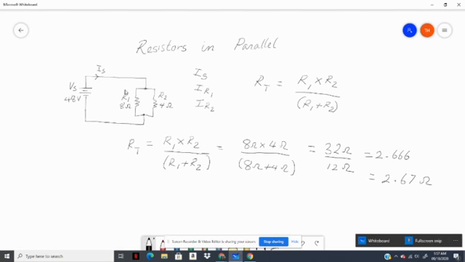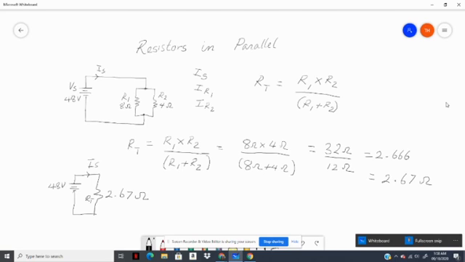Having done that, we can now use Ohm's law to calculate the total current. We can redraw this circuit as a simplified circuit. We still have 48 volts, and we redraw this as one resistor, RT, of value 2.67 ohms. So what is I supply?